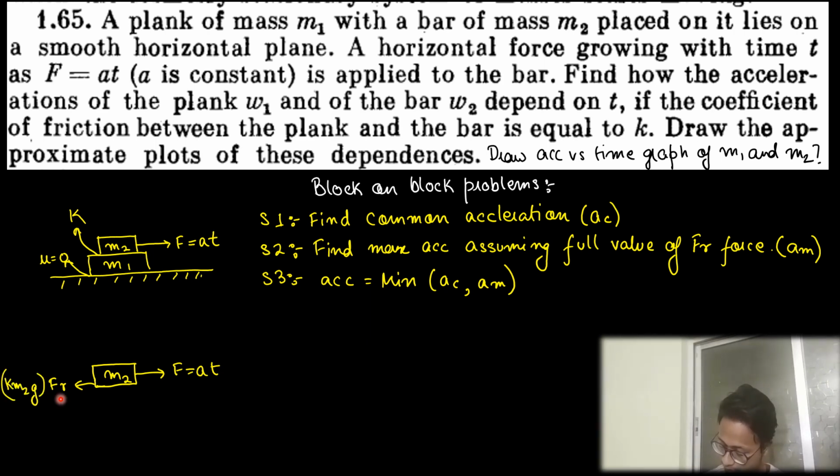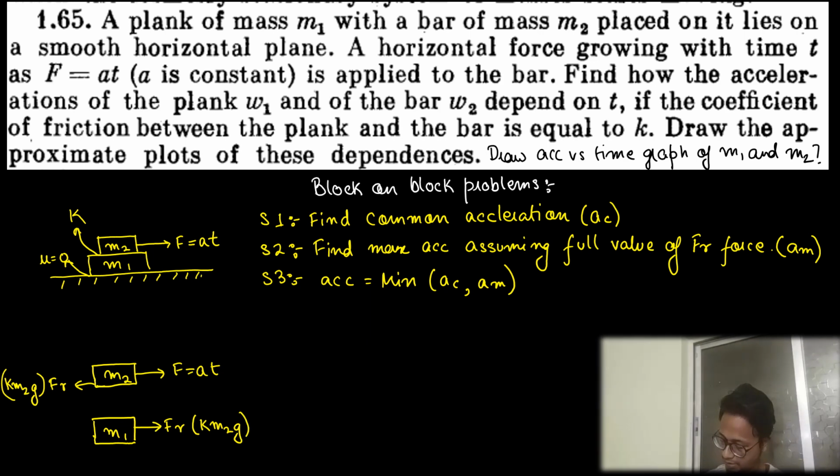One thing to note out here, this k m2 g is the maximum value of friction force. Friction forces are self-adjusting in nature. That means until and unless F equals at is greater than this value, the full value of friction force won't be applied out here. Similarly, if I draw the force on M1, the friction force is equal to k m2 g.